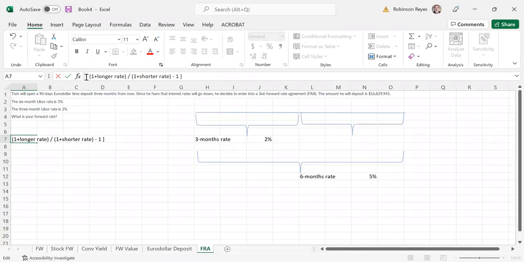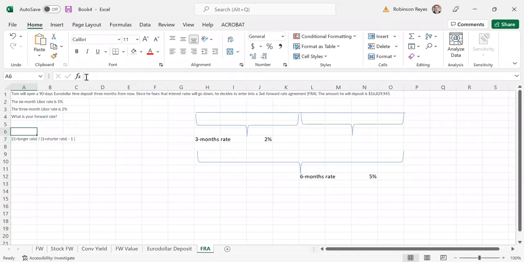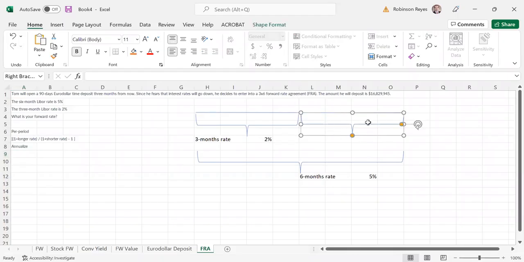We're going to divide this. We're going to annualize it. And then we annualize. So the way we annualize it is this rate we are going to get, it will be a quarterly rate in this example, because of the duration of this deposit here.